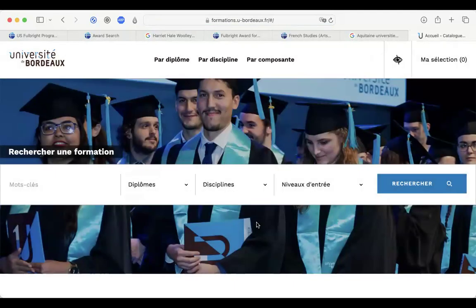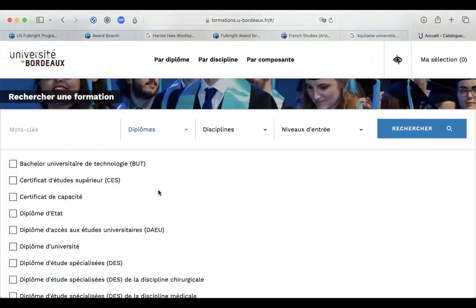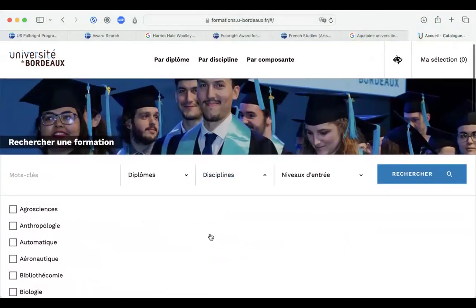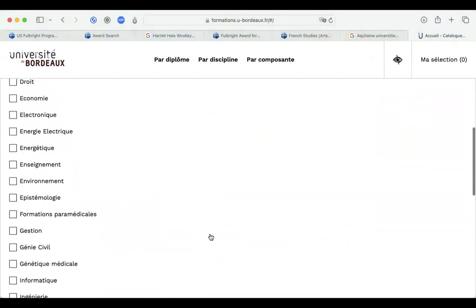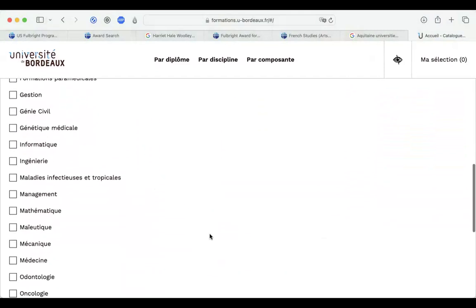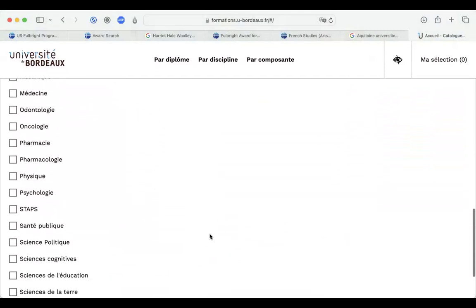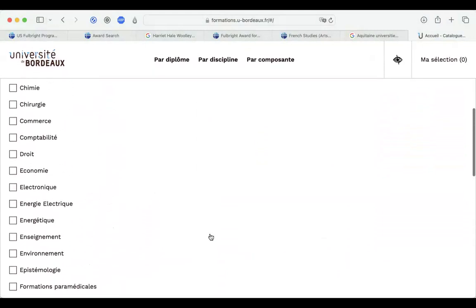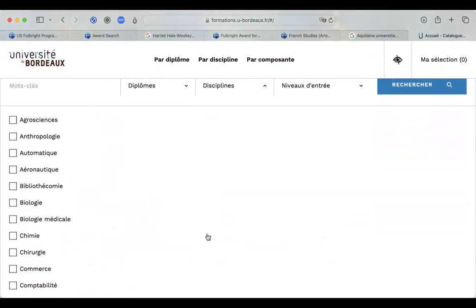And looking at this, we see there are different diplomas that we could look at, or look at disciplines, which is probably where we're going to start, and see, okay, we don't happen to have music listed there, no music. But what else do we have that might possibly be of interest? Well, we see anthropology.